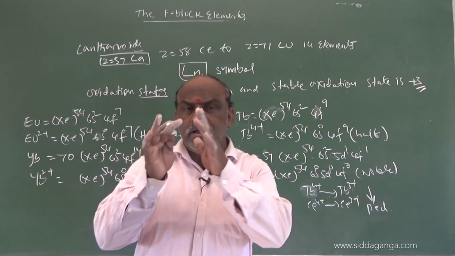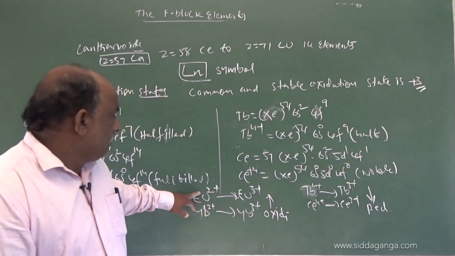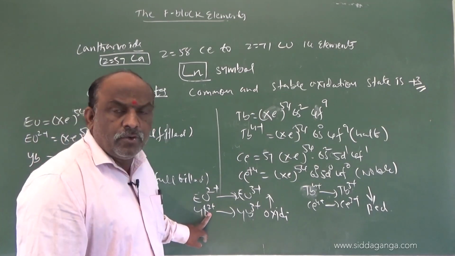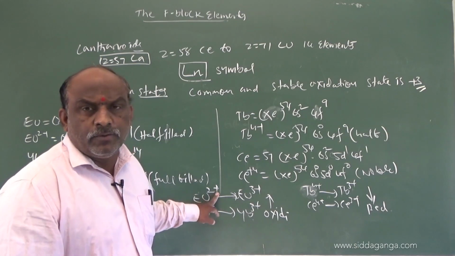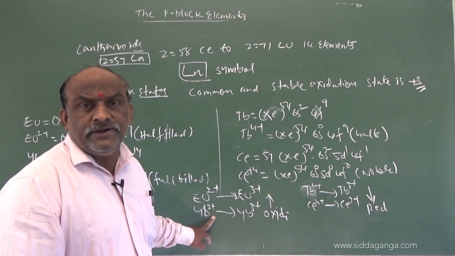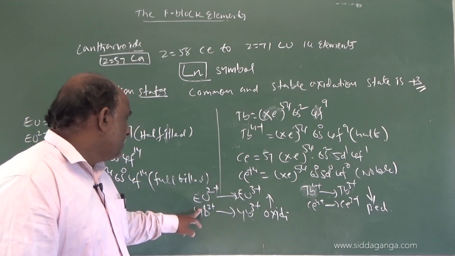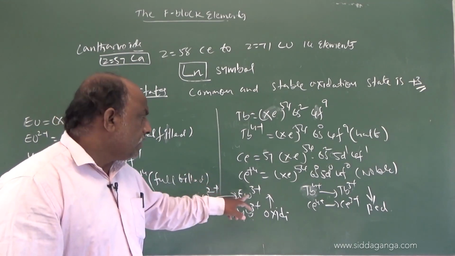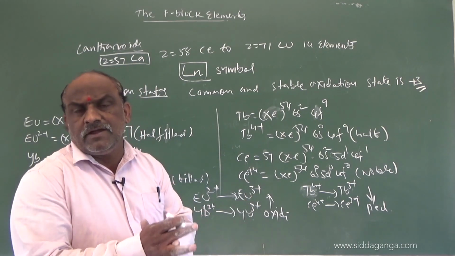So the final point: Europium 2 plus and Ytterbium 2 plus are strong reducing agents. Europium 2 plus actually has half filled configuration, Ytterbium 2 plus fully filled configuration, but the stable oxidation number of lanthanides is +3.